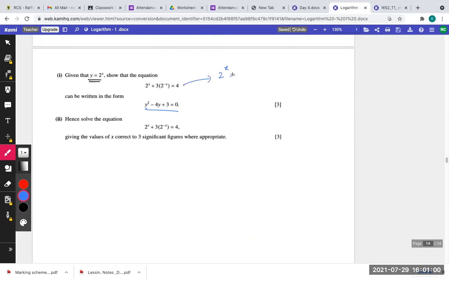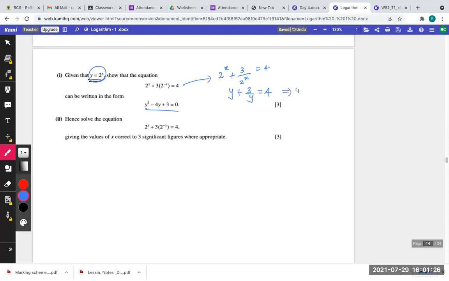Okay, so how do I rearrange this equation? 2 power x plus 3 divided by 2 power x equals 4. Can I write it that way? Because 2 power negative x is the same as 1 over 2 power x. Now I know 2 power x should be equal to y. So it will be y plus 3 divided by y equals 4. Now, to get rid of the denominator y, you multiply y throughout.